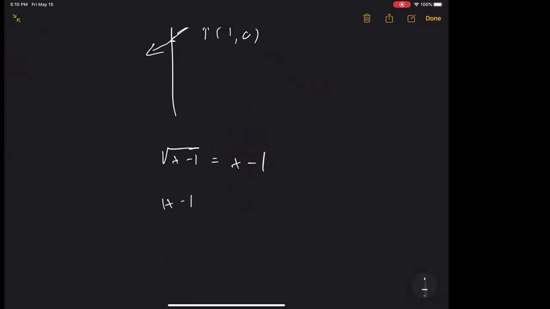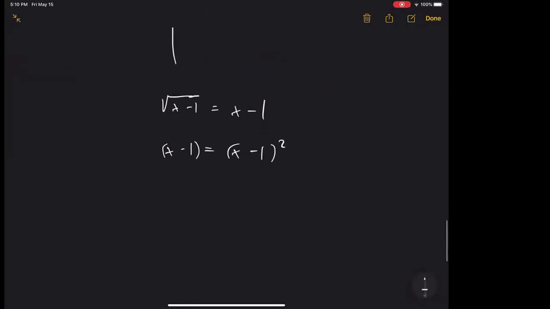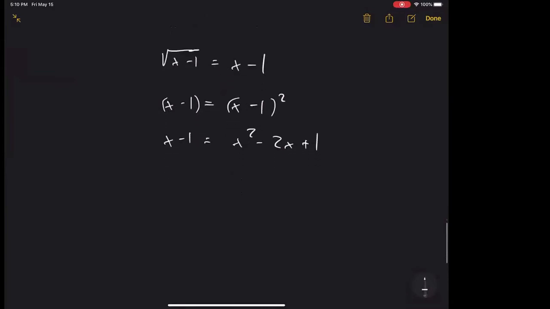If I square the left side, I just get x minus 1. If I square the right side, I get the square of x minus 1. And again, let's move everything to one side of the equal sign.